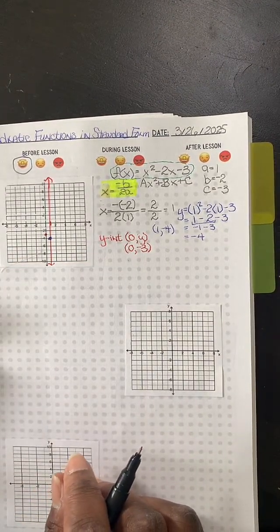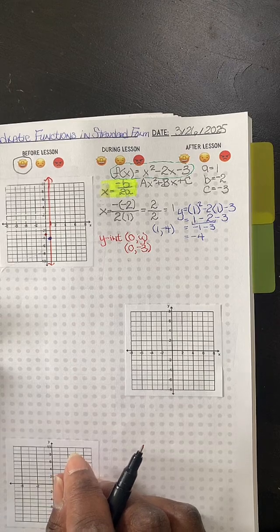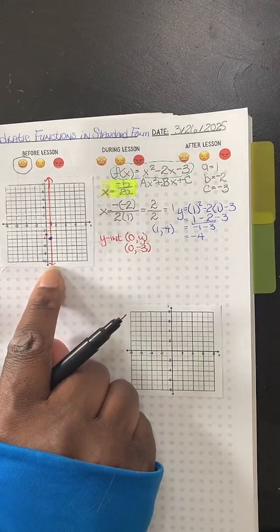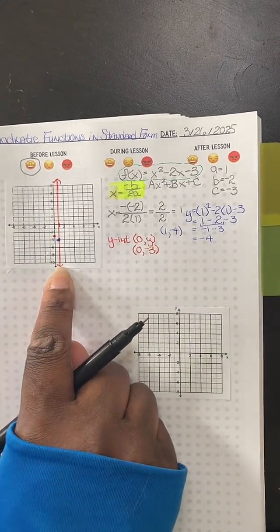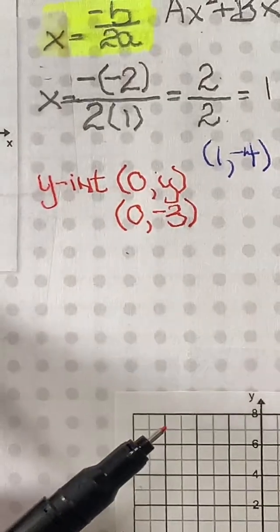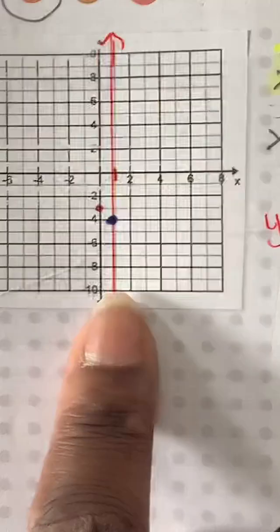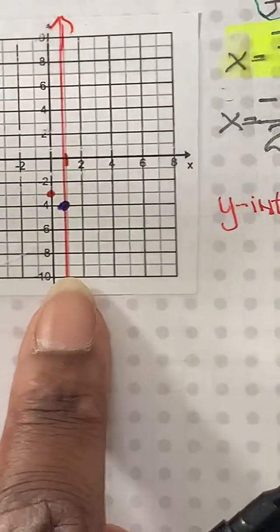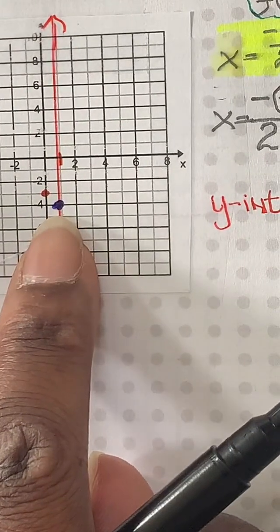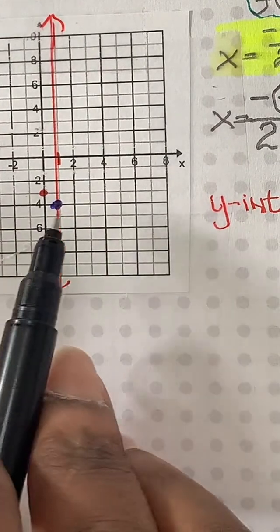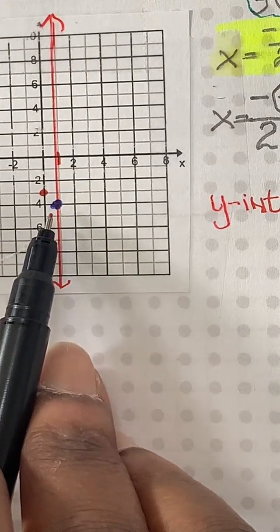So here's another. We need another point. My axis of symmetry is like a mirror. So we found the vertex. We worked hard for that.